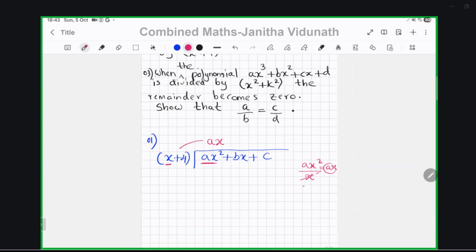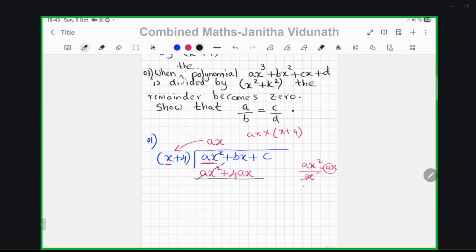Then we need to multiply it with the entire divisor. It will result in ax² + 4ax. Simply ax multiplied by x + 4, that means ax² + 4ax. Then we need to subtract those two terms.